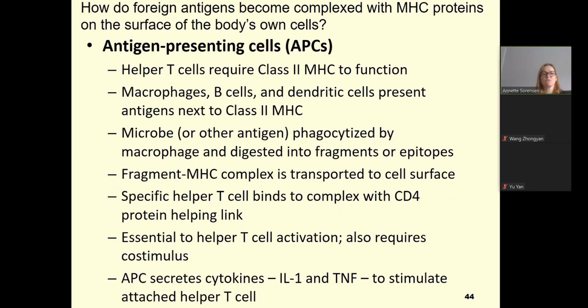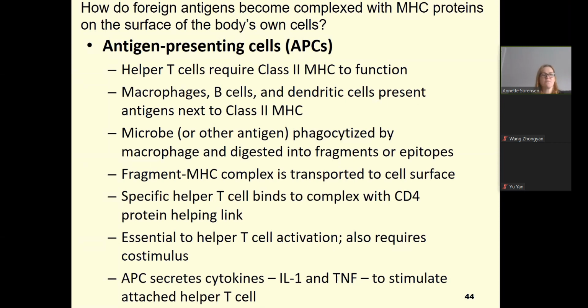Okay, so we're going to look a little bit closer at that now. How do these foreign antigens become complexed with these MHC proteins on the surface of the body's own cells? Well, they do this through antigen-presenting cells. We've already said that helper T cells require class 2 MHC to function.